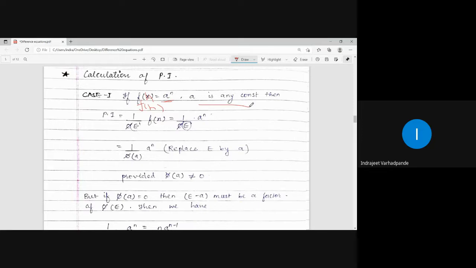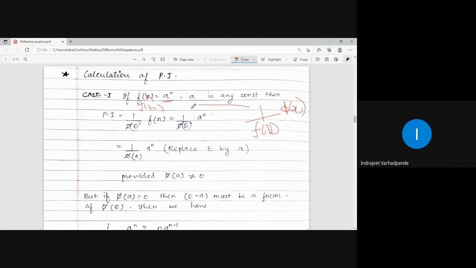So in this discrete system, there is no place for a variable x. Therein the RHS of the given equation used to be e to the power ax, and we used to convert the PI into 1 upon f of D multiplied by the RHS, that is phi of x.